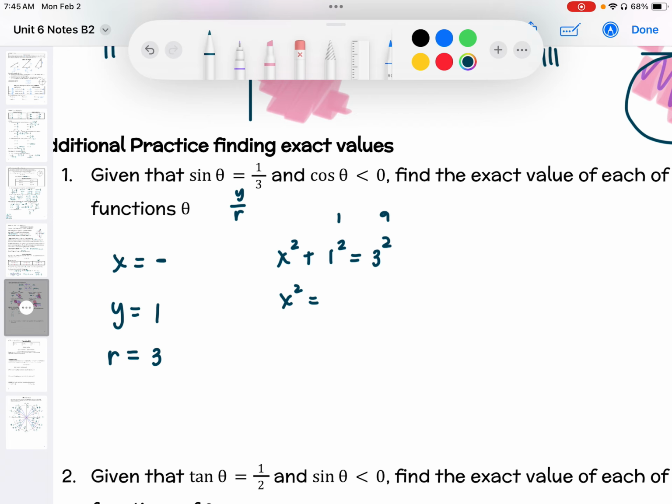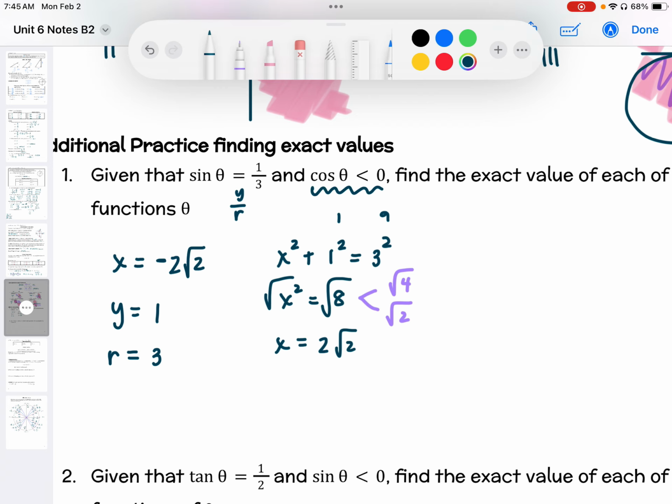Take the square root of both sides. I would have x equals, and I want to simplify this. So I can break it down to the perfect square of 4, and I'm left with 2. The square root of 4 is 2, and I would still have that square root of 2 left inside. And we said it needed to be negative, so just make sure you include that negative because of this information right here.